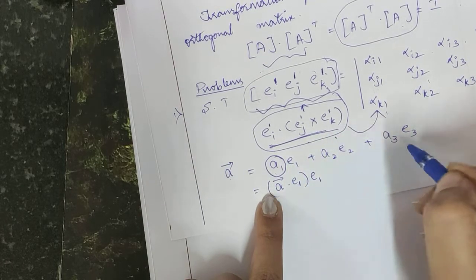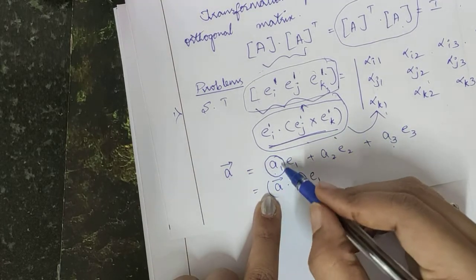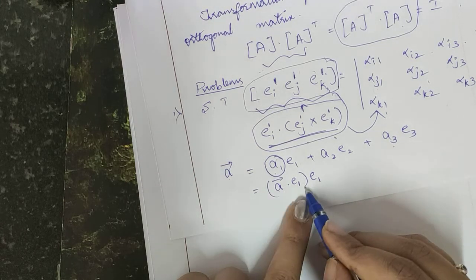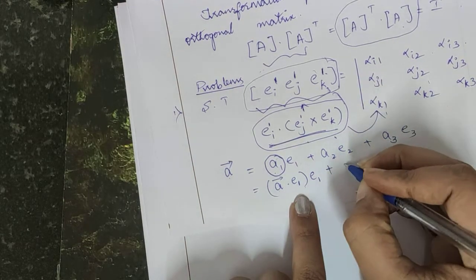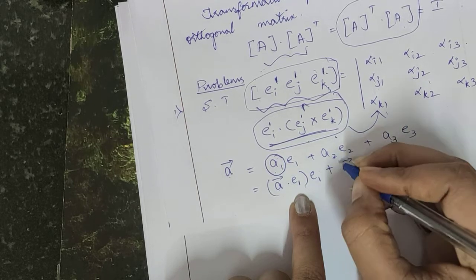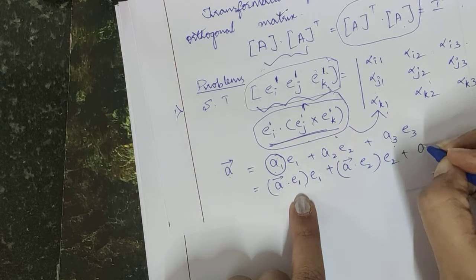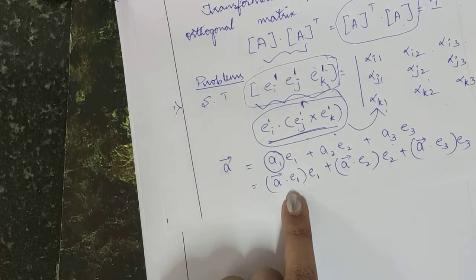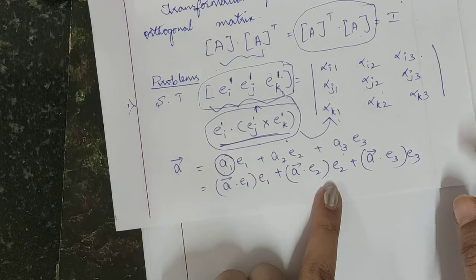So these are all vectors again, and we are writing these vectors in linear combination form. So vector A dot E1 times E1 plus vector A dot E2 times E2 plus vector A dot E3 times E3. We can write in this form, isn't it?